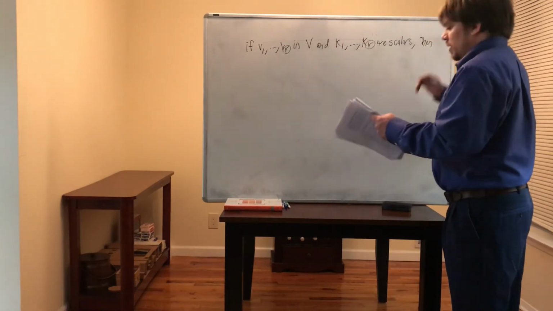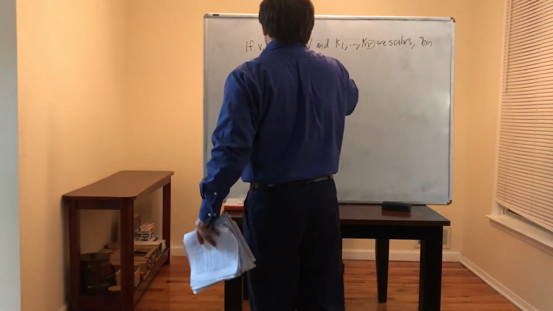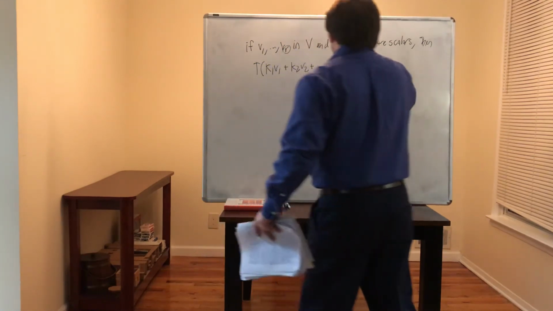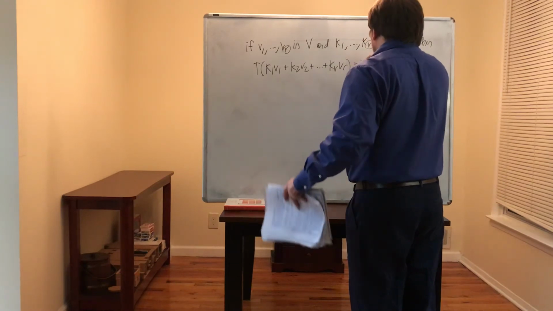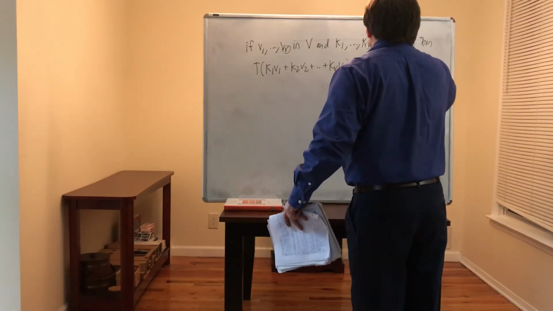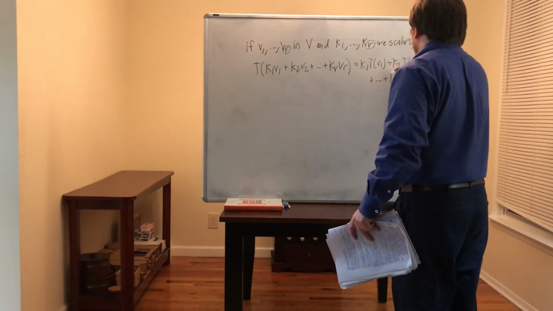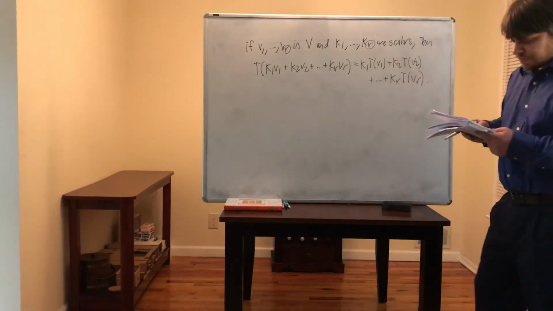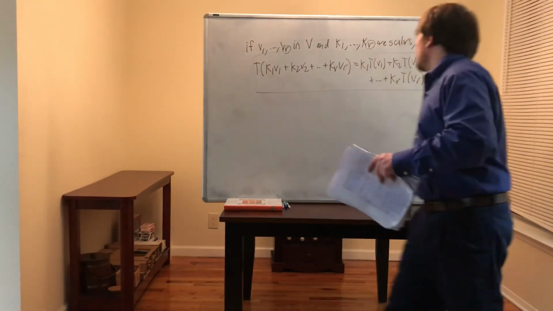Then T(k1 v1 + k2 v2 + ... + kr vr) is equal to k1 T(v1) + k2 T(v2) + ... + kr T(vr). And that is statement 1 in this section.